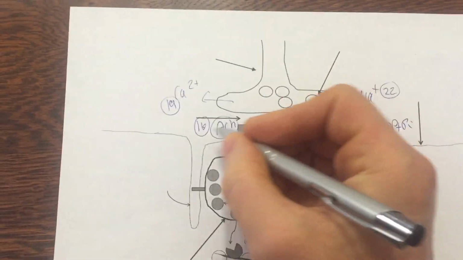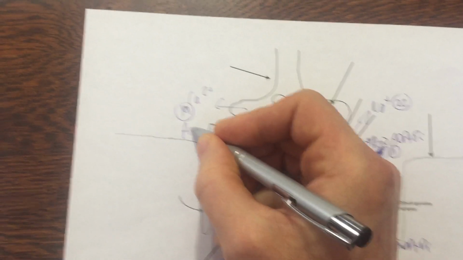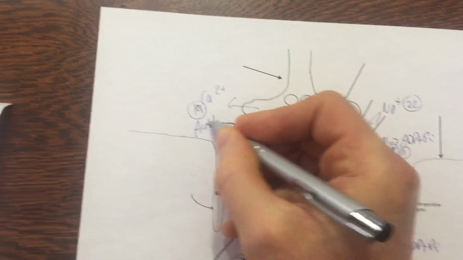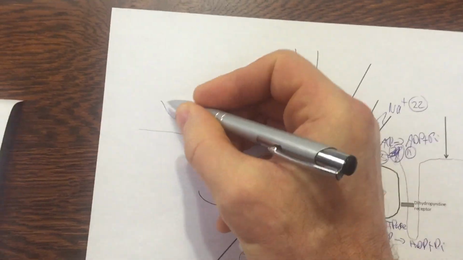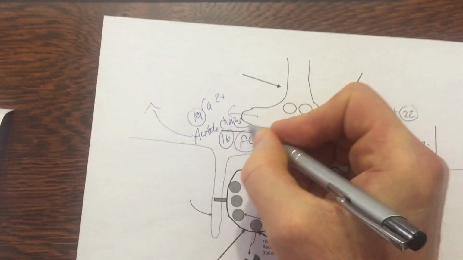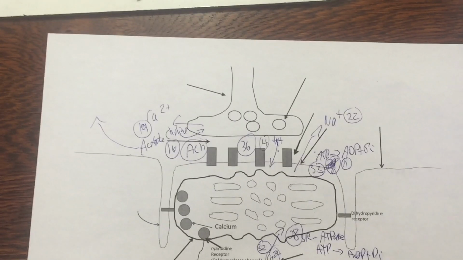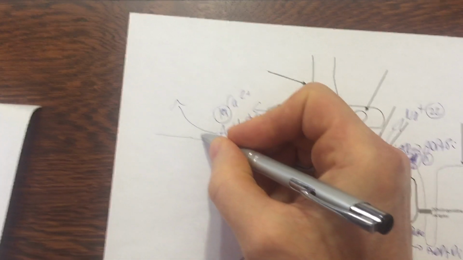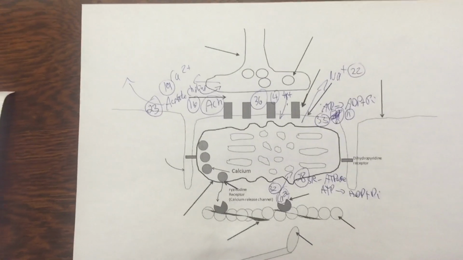Then part of that, the acetate that's formed from that gets taken away in the blood, and the remaining part is called choline that gets taken back up into the axon, and that whole thing is step number 23 on your question sheet.